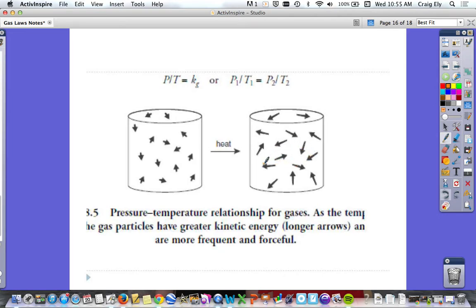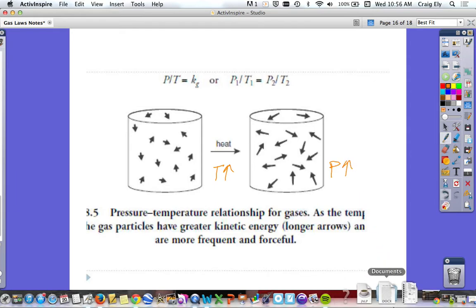The particles are moving around faster, they're bouncing off the walls of the container more, they're bouncing off each other, so they're exerting more pressure. So if we increase our heat, then we're going to increase our pressure. So temperature is increased, that means my pressure is going to be increased as well.